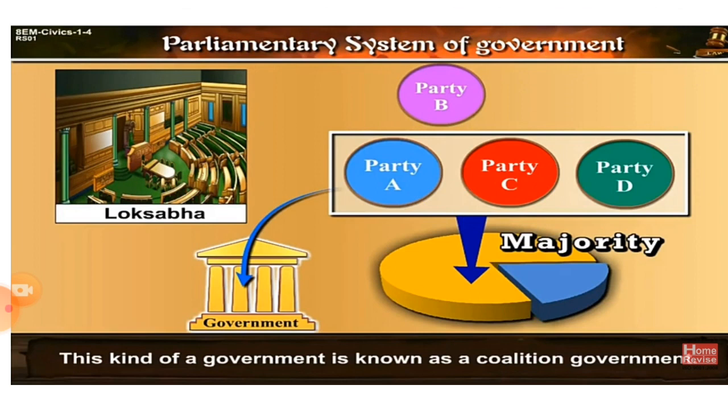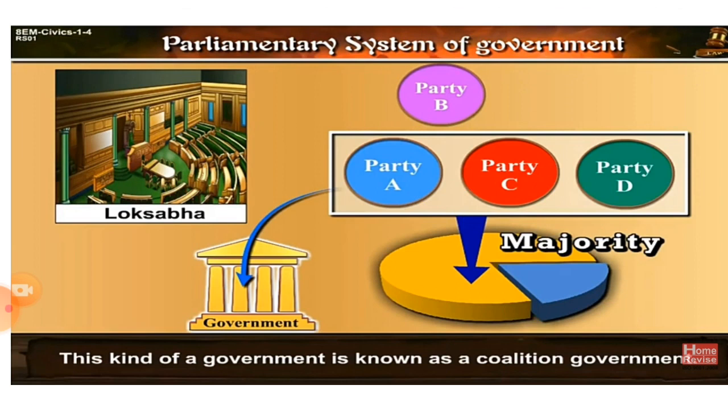My dear students, the party which has a majority, the leader of that party becomes the prime minister. He or she selects candidates for ministerial positions from among his or her colleagues.